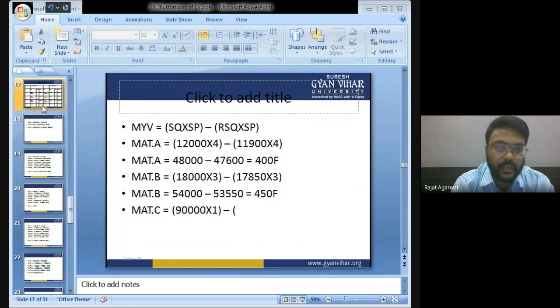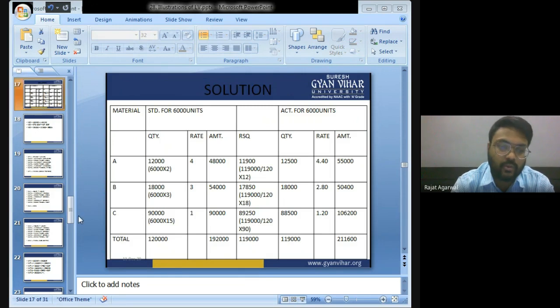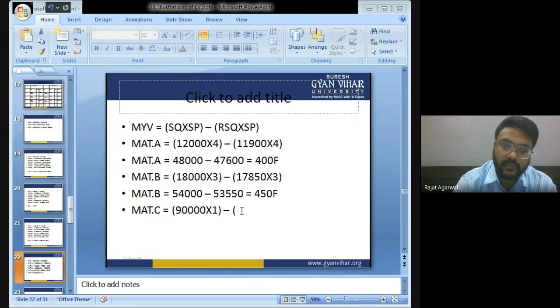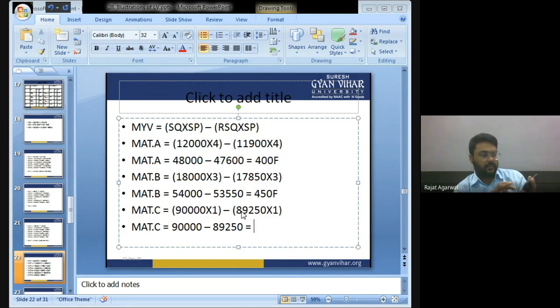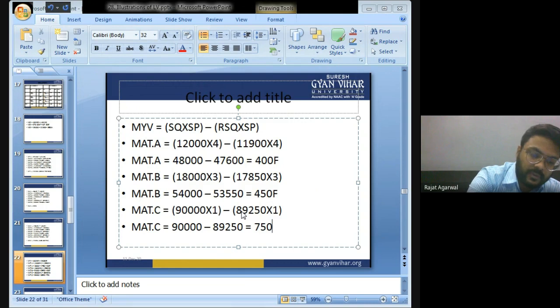Revised standard quantity of C is 89,250. 89,250 into standard price, which is 1. 90,000 minus 89,250 is 750 favorable.